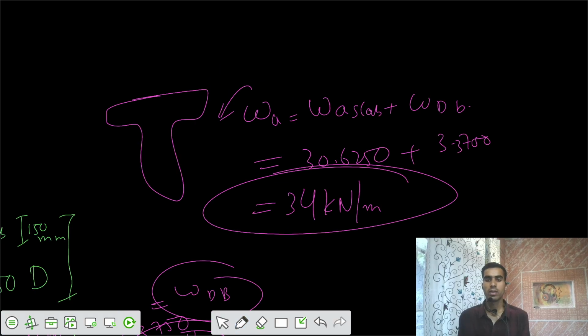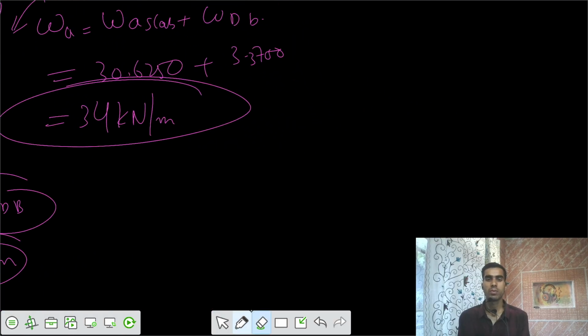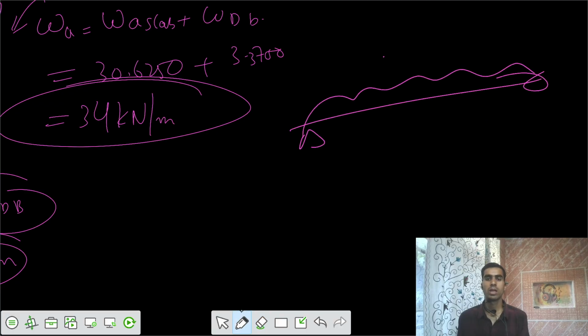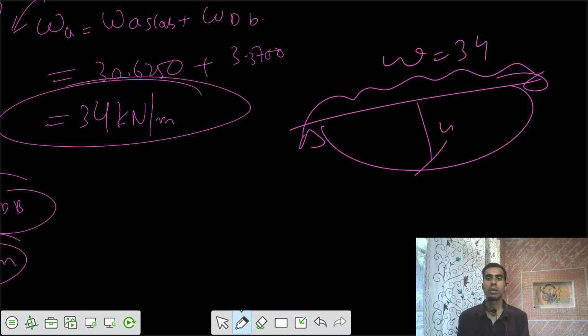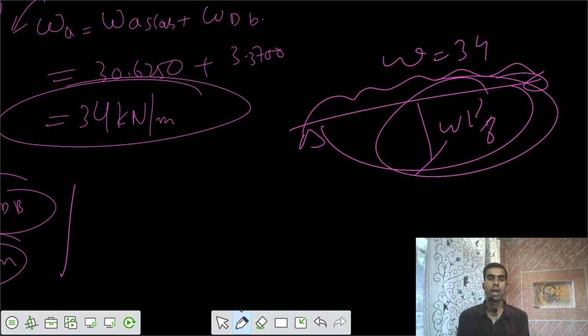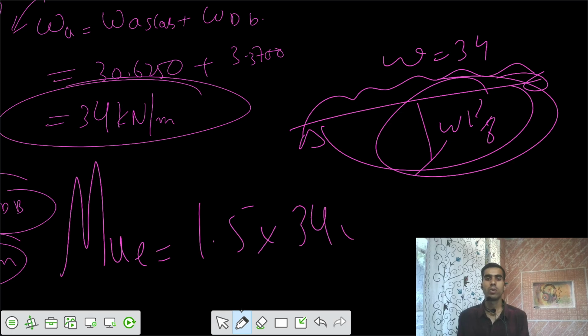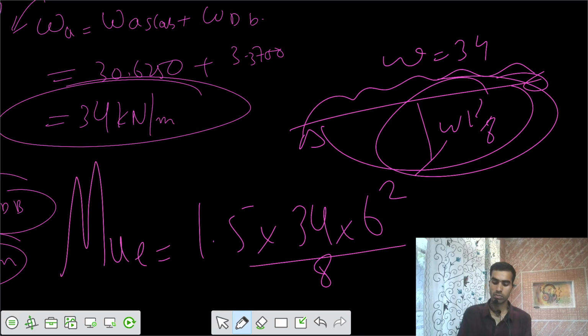If you have a beam that is simply supported between two supports, there is UDL of W equal to 34, maximum bending moment WL square by 8. So Mu can be solved as 1.5 times W L square by 8, that is 1.5 into 36 by 8, that is 229.5.